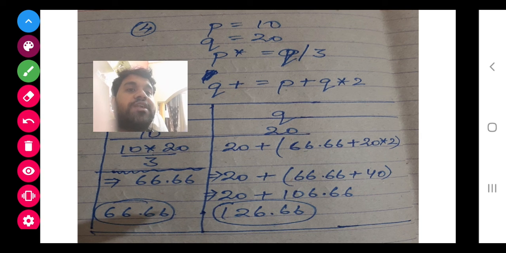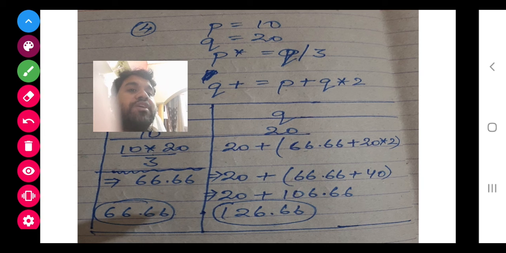Now the third line is p multiply equals q divided by 3. So that means p equals p multiply q by 3, that is 10 multiply 20 divided by 3. So finally the answer is 66.66. But the fourth line is still left. The fourth line is q plus equals p plus q multiply 2.